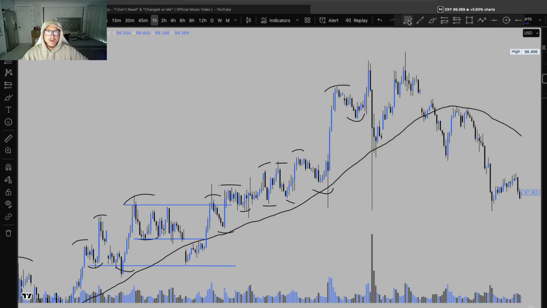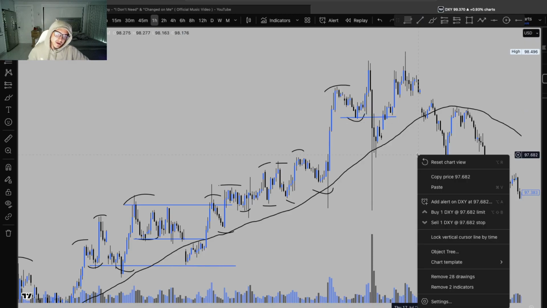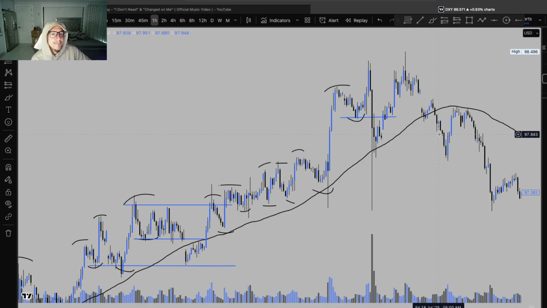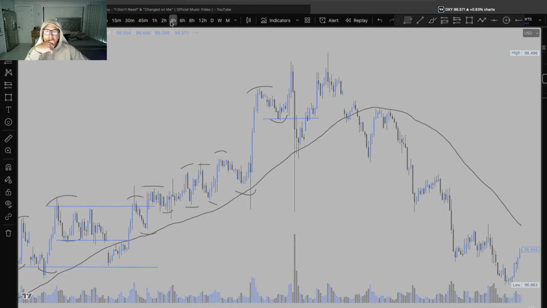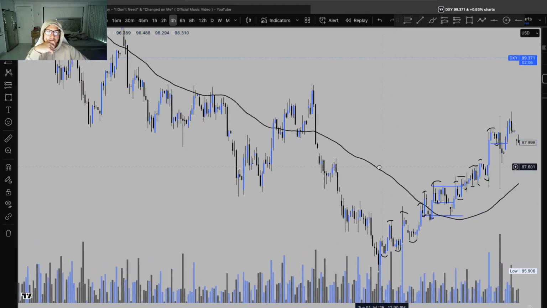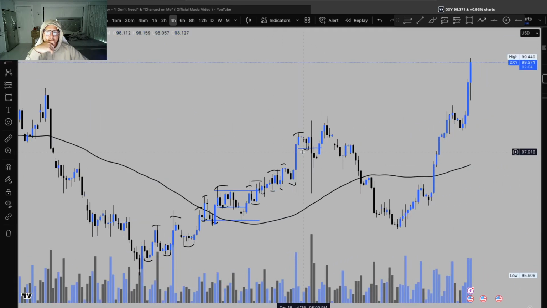It definitely was a minor break, but this was probably news. So you can see it on another time frame. See, none of that on the higher time frame.